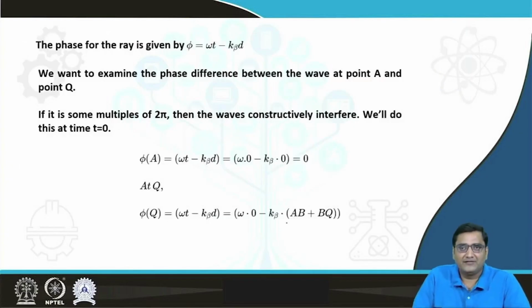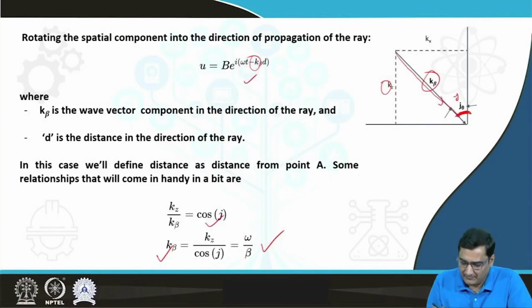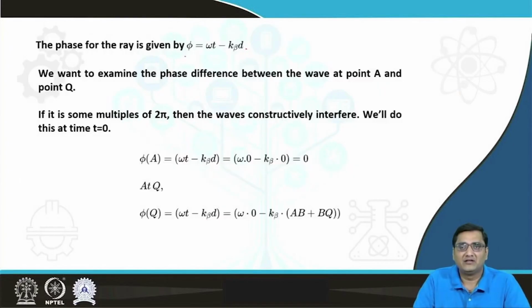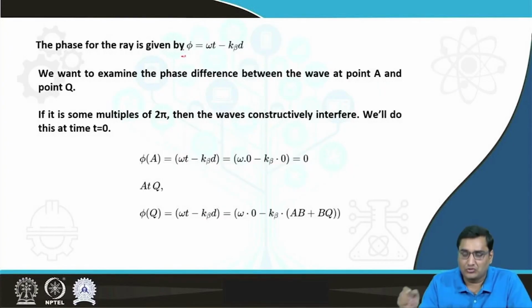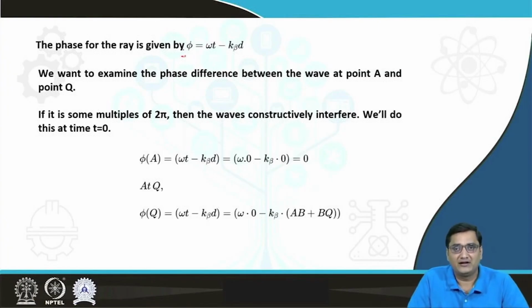Now the phase for the ray is given by phi is equal to omega t minus k beta d. You can see this is the phase here. Let me rub it and show it to you clearly. So this is the phase here, omega t minus k beta d, which we have rewritten as phi is equal to omega t minus k beta d.